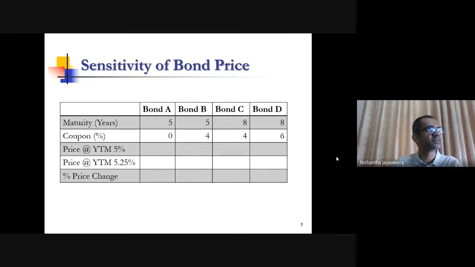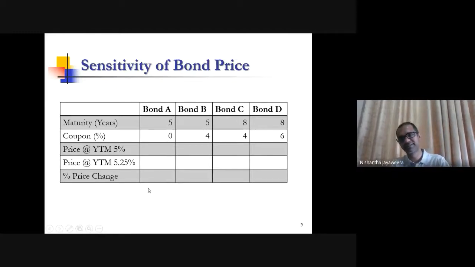Others, what about? Even if you do it manually with a small calculator to calculate the price of bond A, it won't take 1 minute. This is a very straightforward calculation.